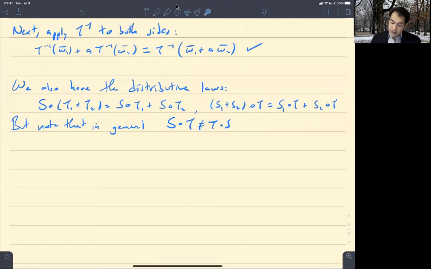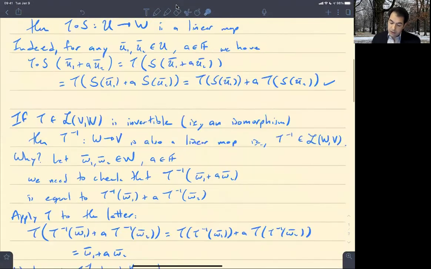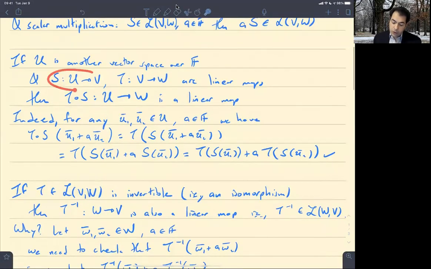For example, if we're in the situation above where S goes from U to V and T goes from V to W, then it makes sense to form the composition T composed with S. But there's no reason for you to be able to form S composed with T, right?